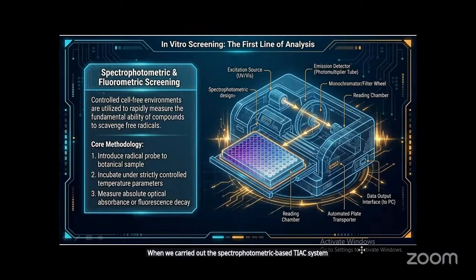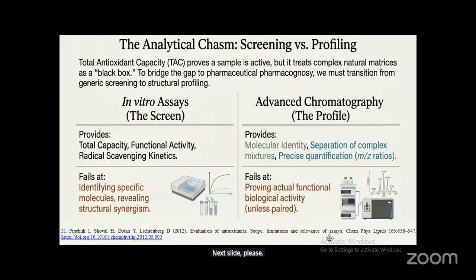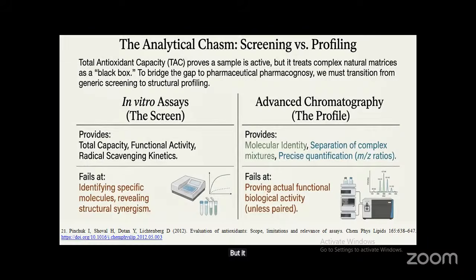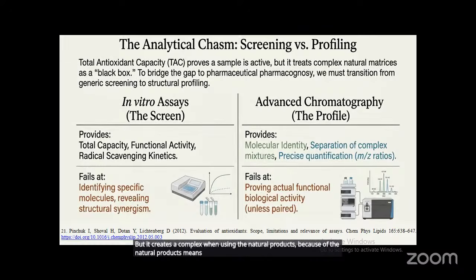Next slide, please. What were the previous in vitro assays used for the antioxidant method, compared with the present chromatographic technique? The total antioxidant capacity is simple and active, but it is treated as complex when using natural products, because natural products are a black box technology.